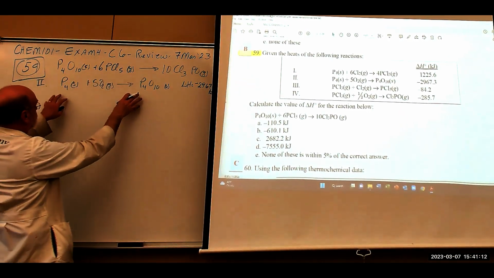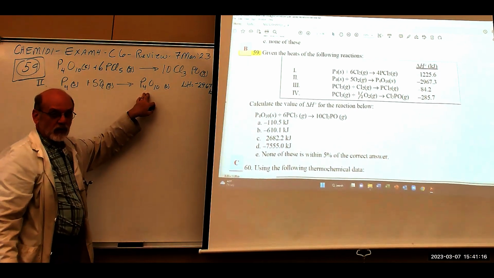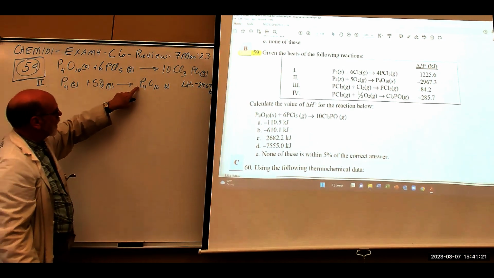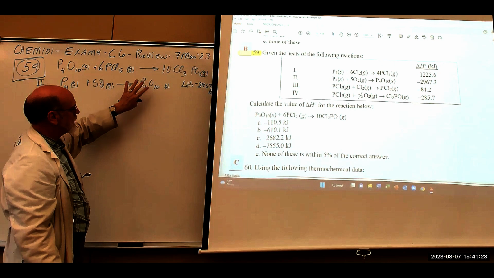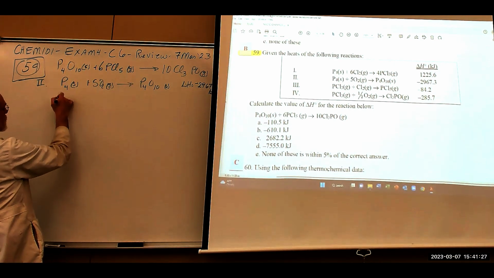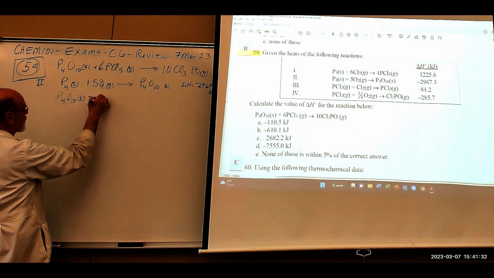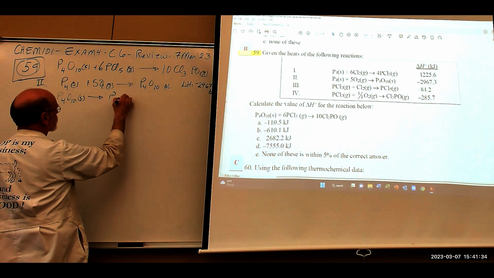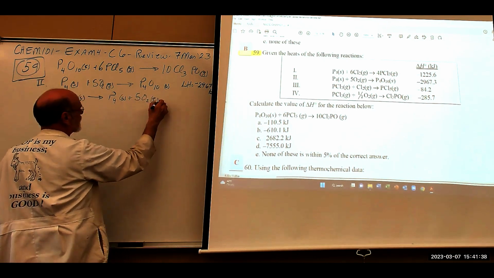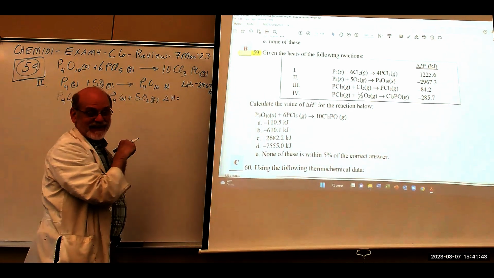In order to use this one, this P4O10 is 1 mole, and we need 1 mole. But it's on the wrong side of the arrow, so we have to flip it. We have to write it this way. P4O10 yields P4 solid plus 5O2 gas, and that makes the delta H now change the sign.